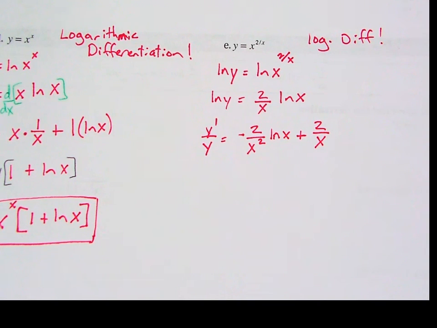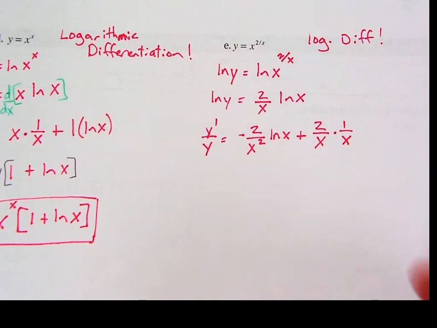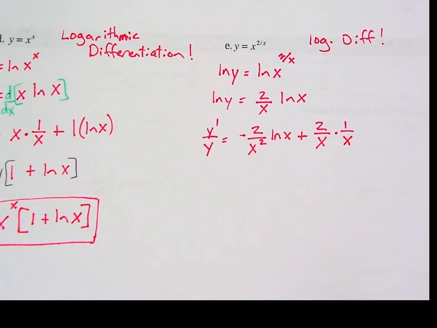And then the derivative of ln of x, 1 over x. They're both x squared.